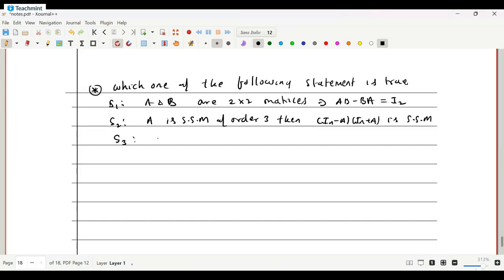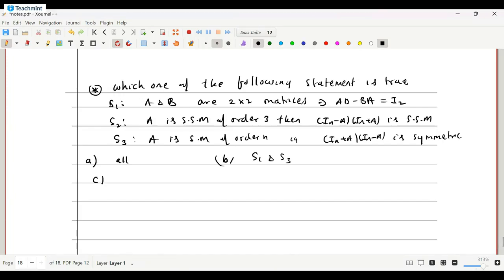And statement 3: if A is symmetric matrix of order n, then In plus A into In minus A is symmetric. Options: A, all. Option B, S1 and S3. Option C, S2 and S3. Option D, only S3.